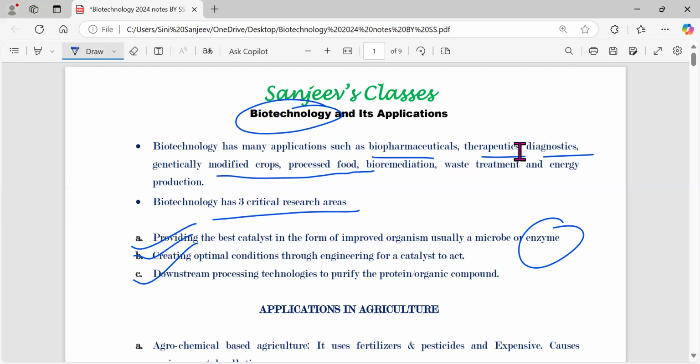Whatever products have been made, whether in pharmaceutical companies or food industries, there is a long process to get a particular medicine or other product. Those things are much more rectified, and you get a more purified product when you use biotechnology. So these are the three areas which we will be dealing with.